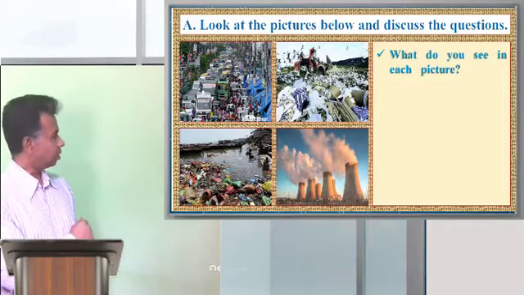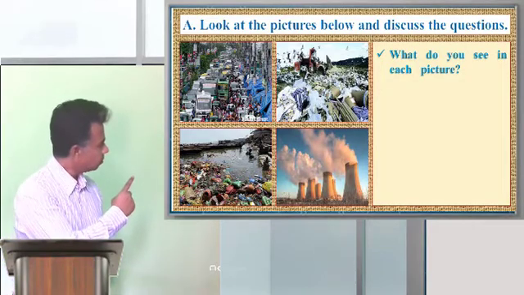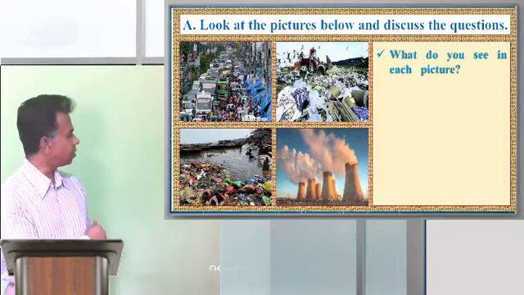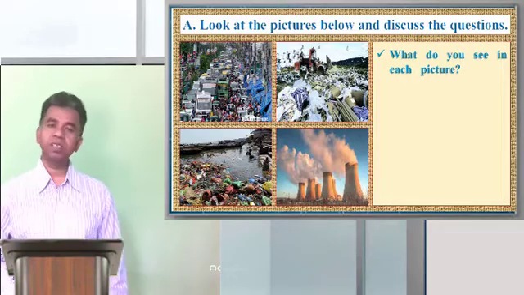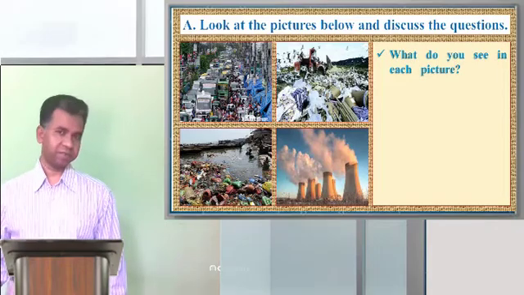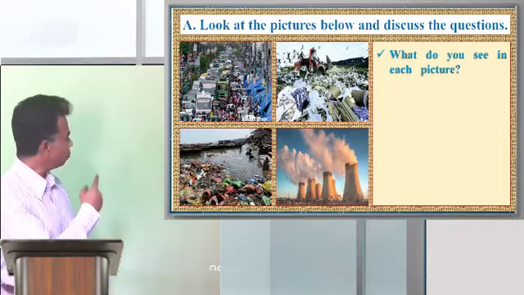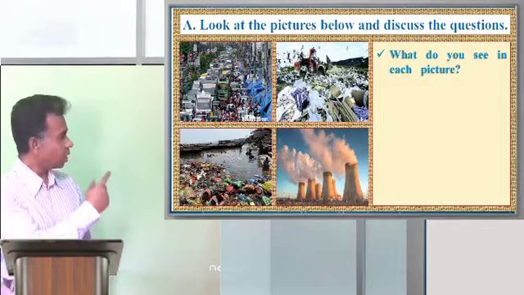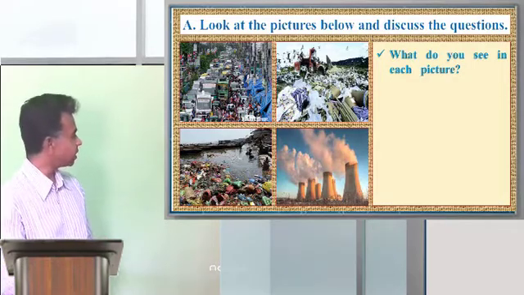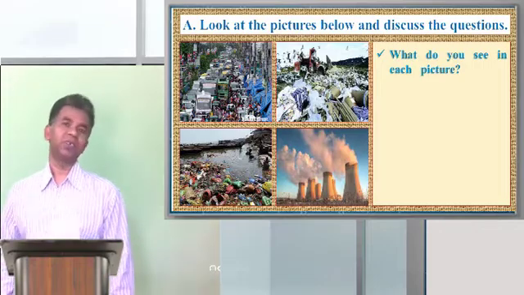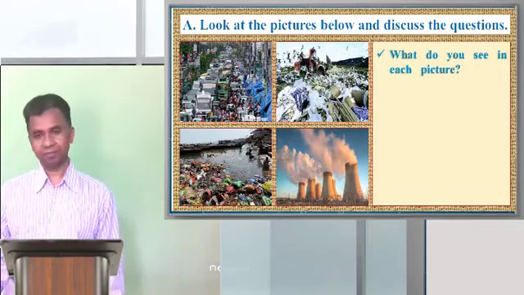Picture number 1. We see various types of vehicles on the city street which cause sound pollution. Picture number 2. Waste materials are seen in the open space which cause odor pollution.